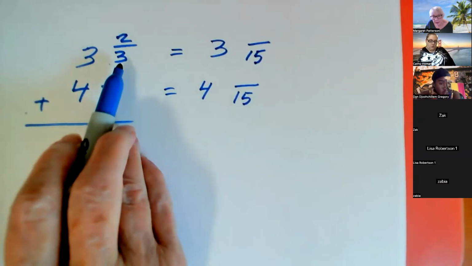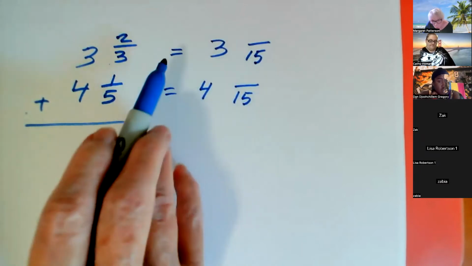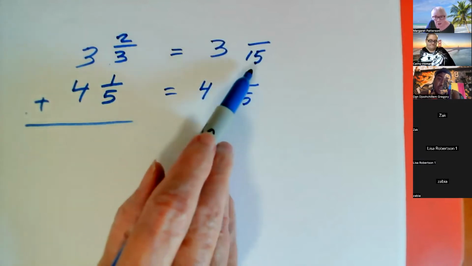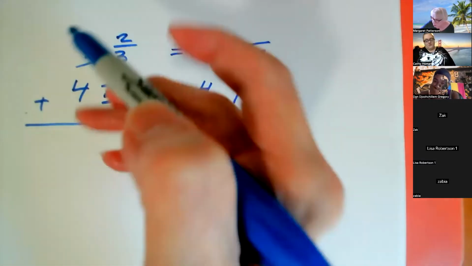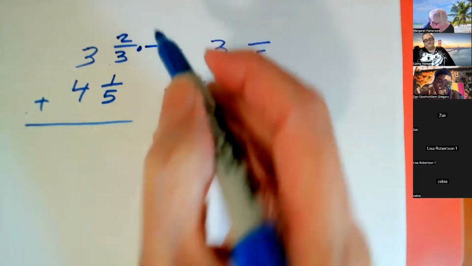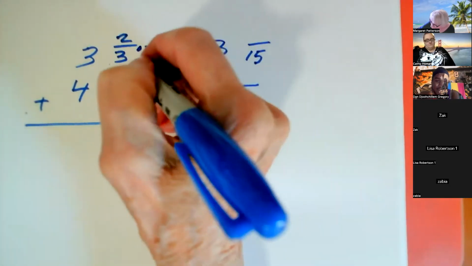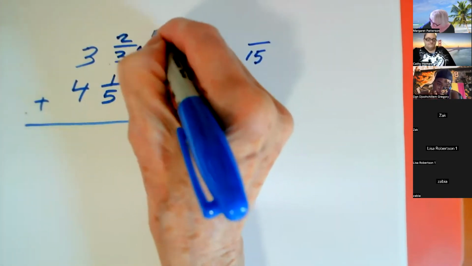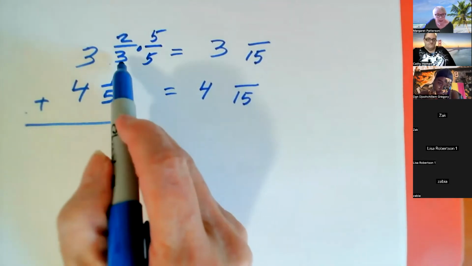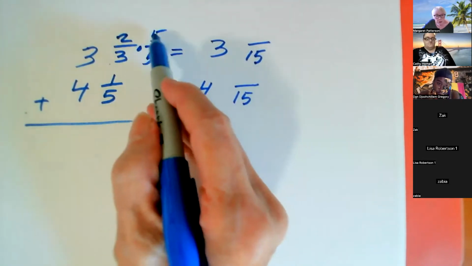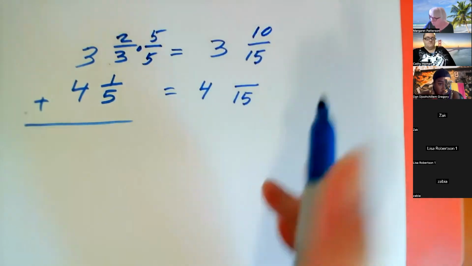Again, here it is, a 3 that wants to be, it's a wannabe. 3 wants to be 15. What do I have to bring in? What number? 5. By 5. And notice I always leave a little space so that I can write it in. So 3 times 5 is 15, 2 times 5 is 10.